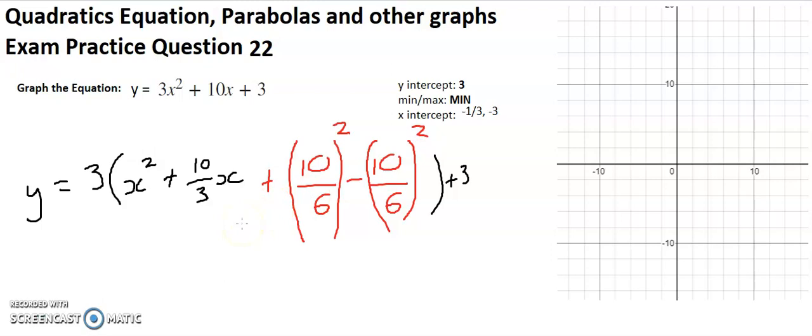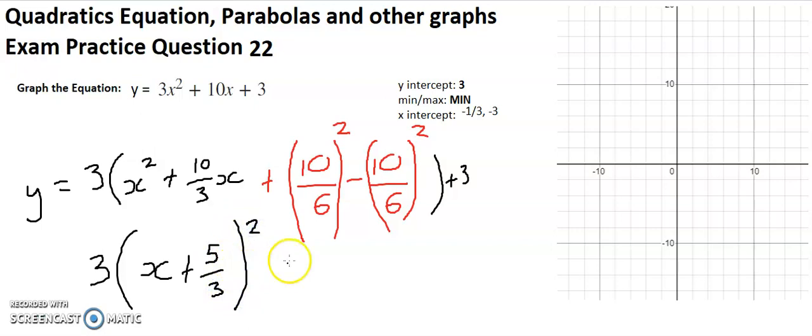This helps me work this out because this tells me now that I'm going to complete the square, which means I've got x plus 10 over 6. I can change 10 over 6 to make it easier for myself by going 5 over 3, squared.